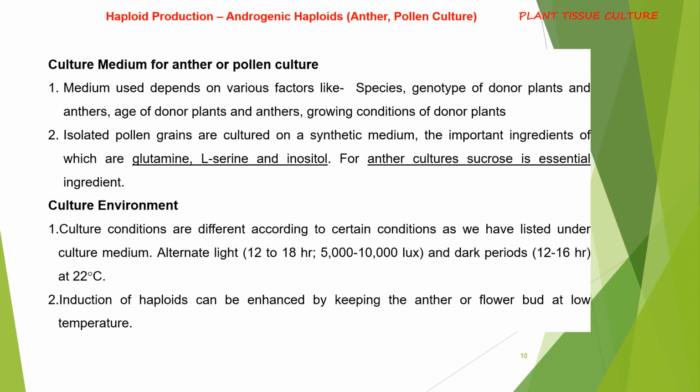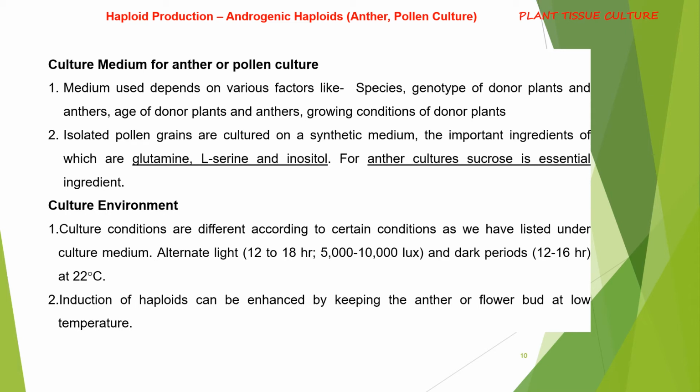The culture media plays an important role in induction of haploids from anthers and pollens. The nutritional requirements of pollens or microspores are different from anthers, as certain factors required for induction of androgenesis are provided by the anther tissue. Therefore, they need to be provided through the nutrient media.